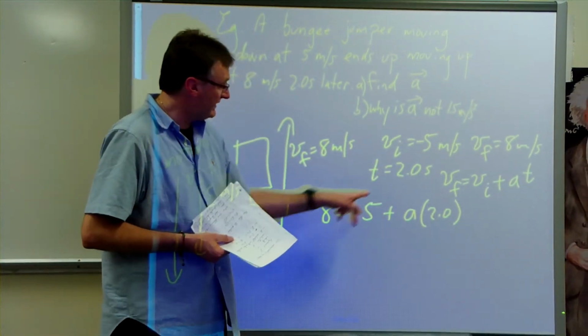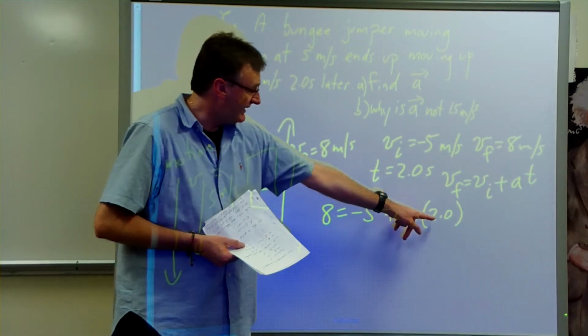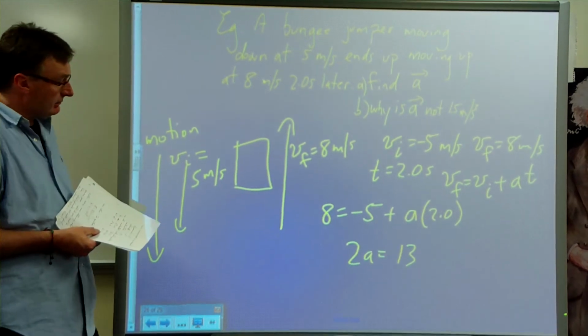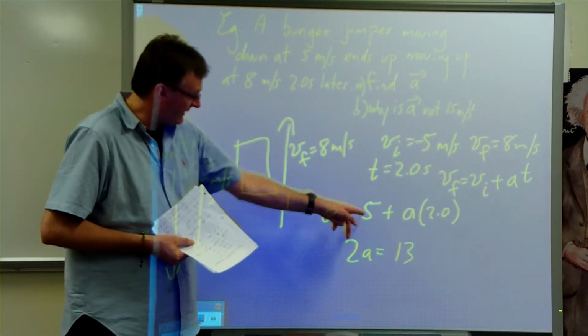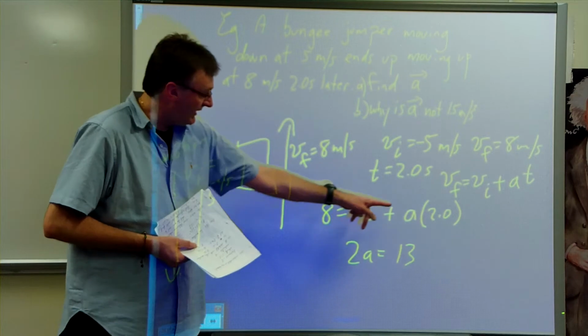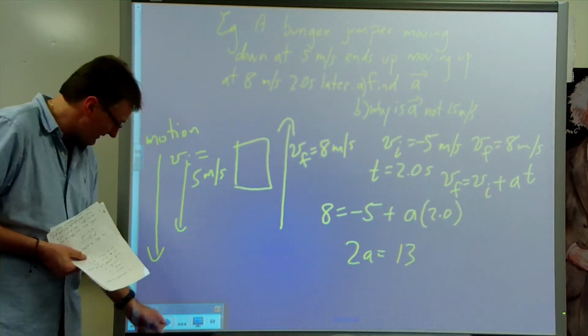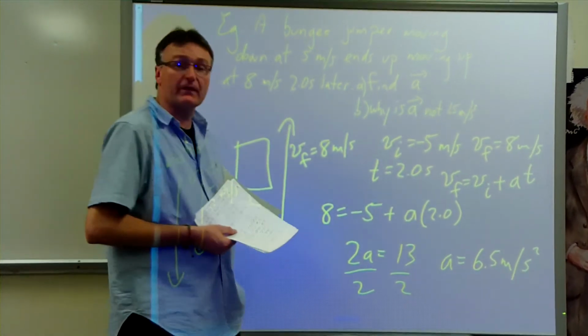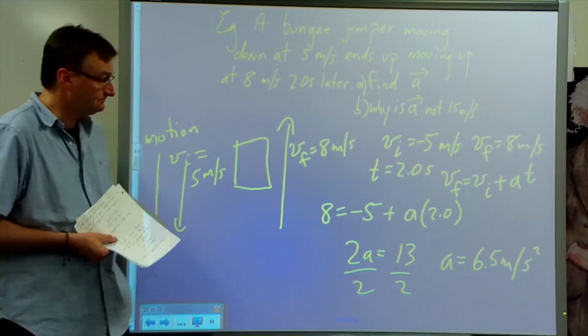Final velocity is 8, initial velocity minus 5, and time is 2. Then we'll isolate a. So we'll move the minus 5 over here, and then we divide both sides by 2, and we get the acceleration is 6.5 meters per second squared.